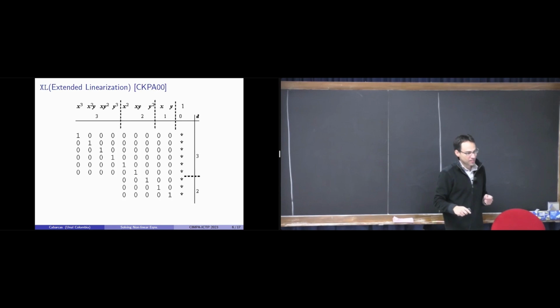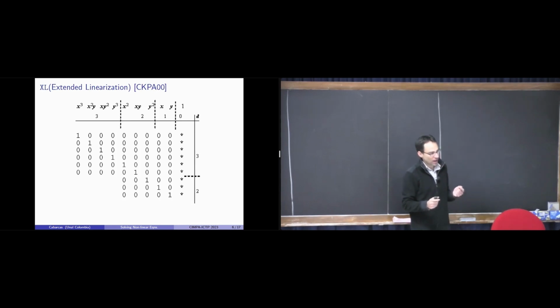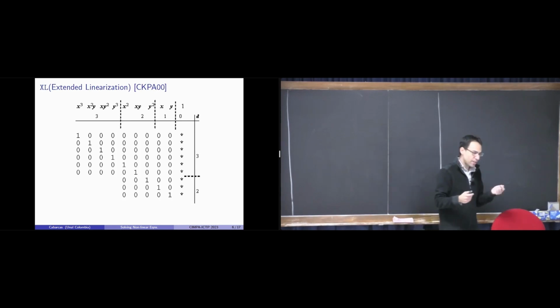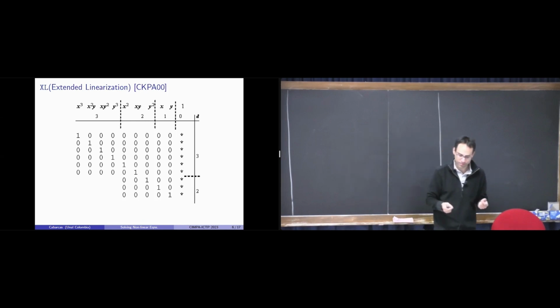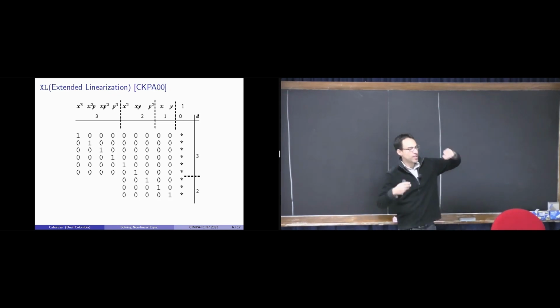And the question here is, well, there are going to be redundant rows, right? How to avoid them? As we go up in degree and we increase and increase, there's going to be rows that reduce to 0.